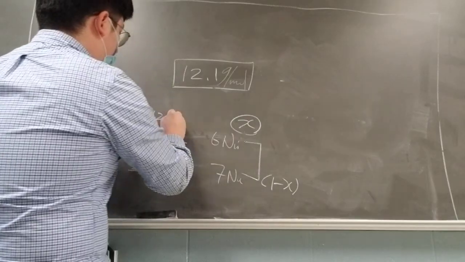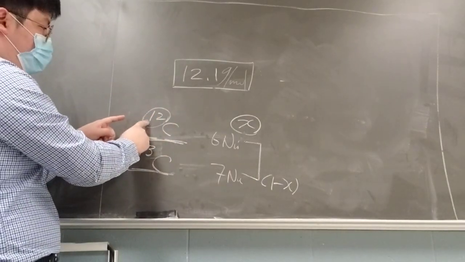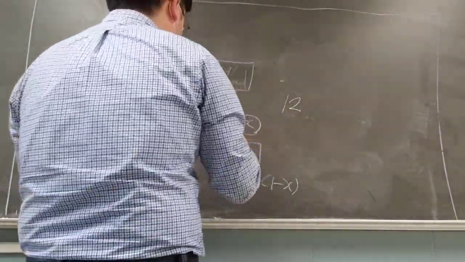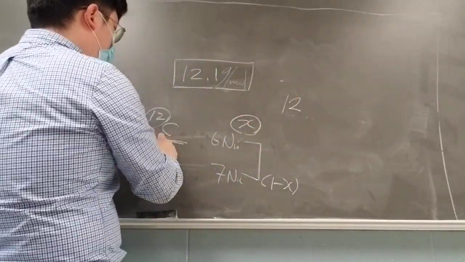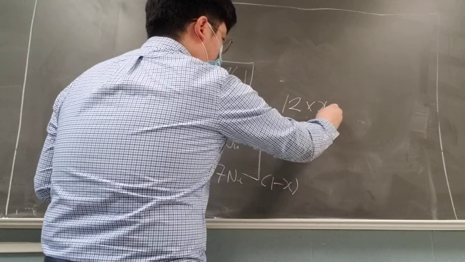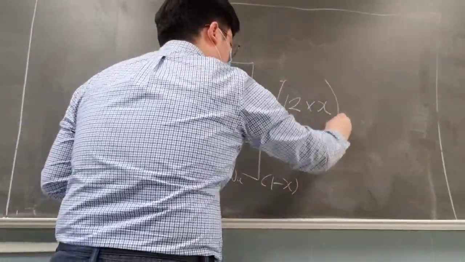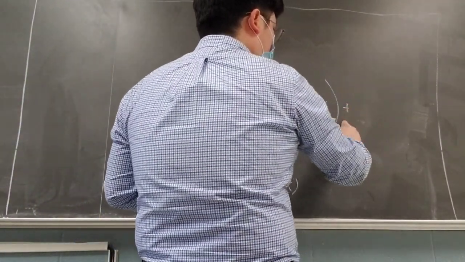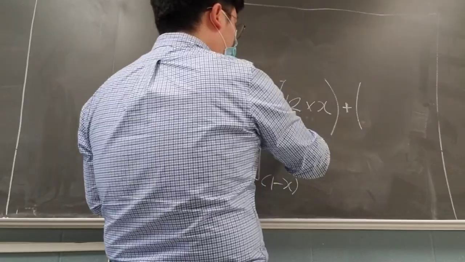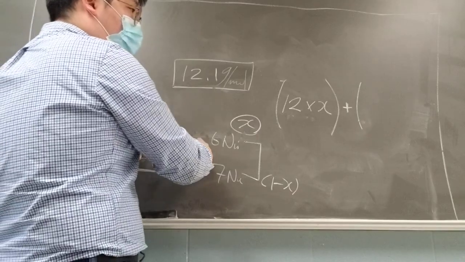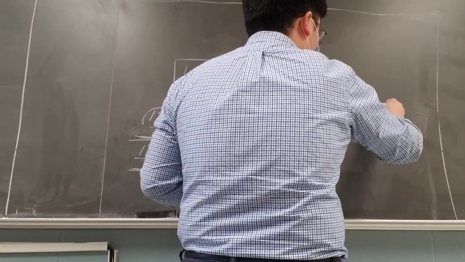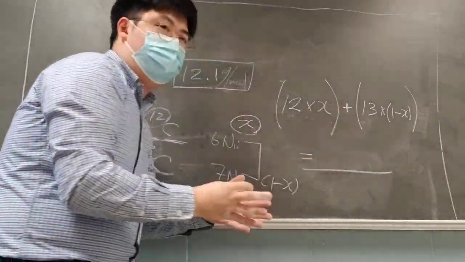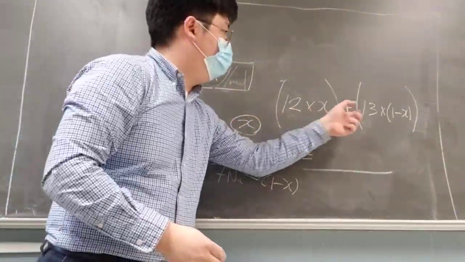I'm going to use 12 as the atomic mass number for carbon-12 and multiply it by x, and then multiply 13, the isotope's mass number, by 1 minus x. Adding those two, 12 times x plus 13 times (1 minus x), gives you the average value based on how much of each you have.